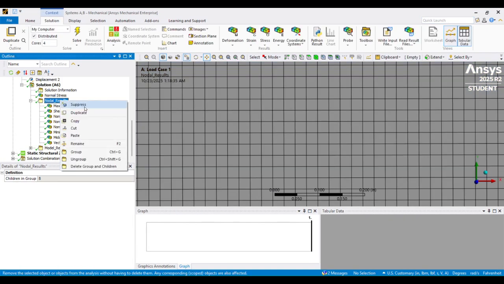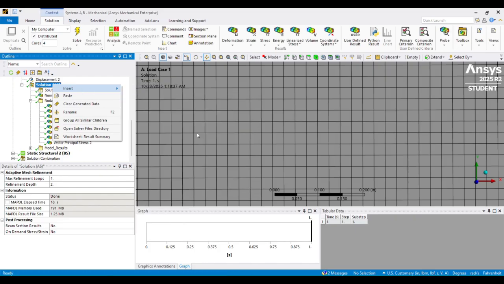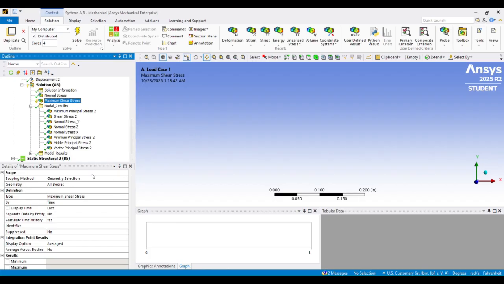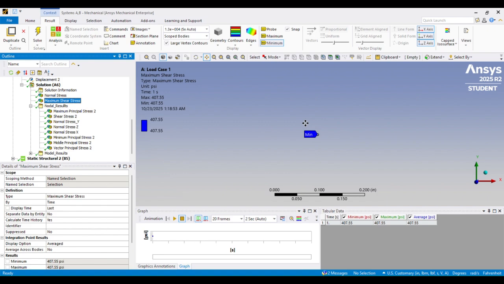And we can also look at the max shear stress. So maximum shear, and I've defined the node as a name selection. We'll retrieve that result, and we get 407.55.